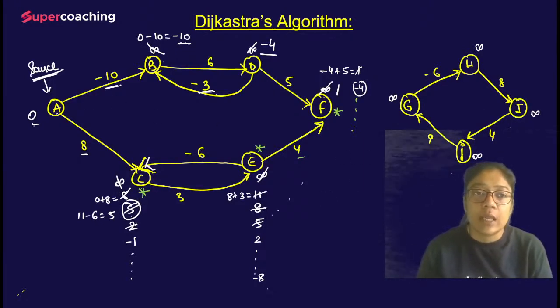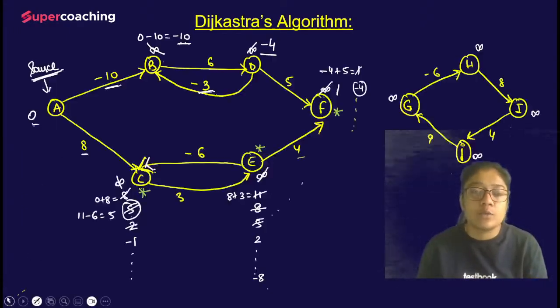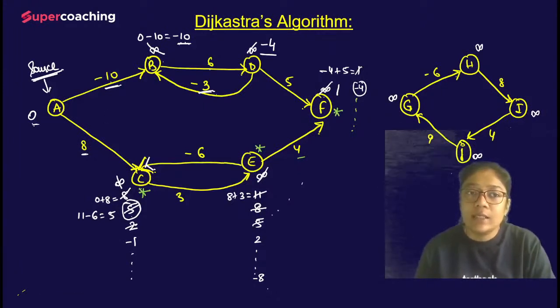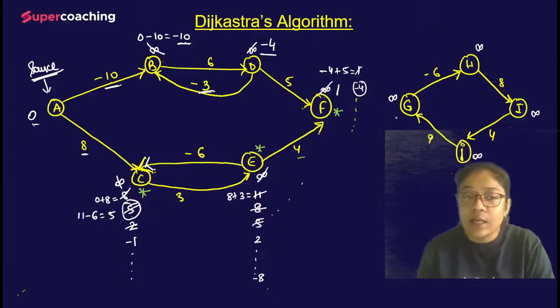If you see here, A से शुरू करके क्या ऐसा कोई भी path exist करता है? I'm so sorry. A से शुरू करके ऐसा कोई भी path या set of edges है? Path is nothing but that's a set of edges. Is there any set of edges which we can follow and we reach G? No, because this is disconnected from one part of the graph.